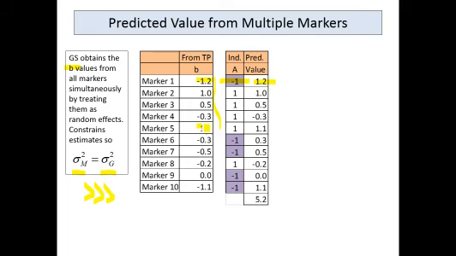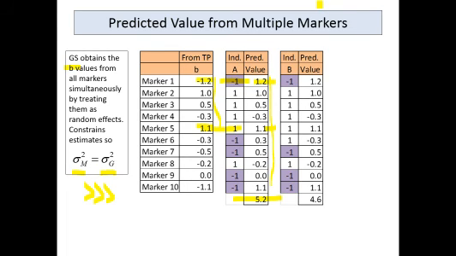Here's another one. The slope of this one was 1.1. Individual A had a marker score of 1 for that marker number 5. Multiply those two values together, and you get the breeding value for that marker for individual A. Then all you do is you take all these values, add them up, and you get the predicted value for individual A. Individual B, do the same thing.